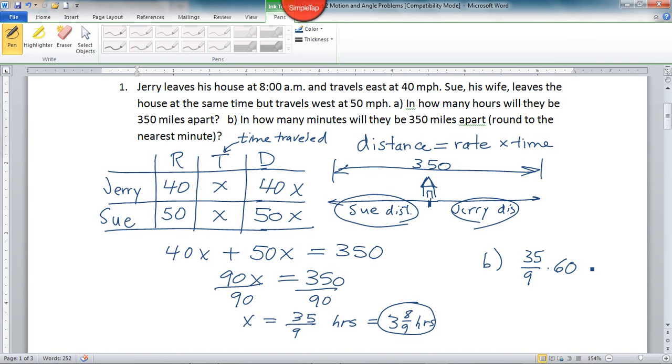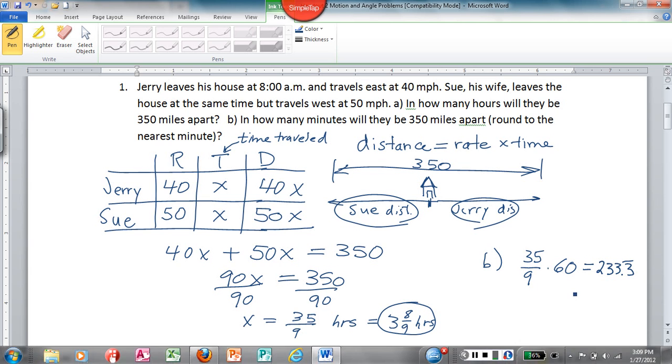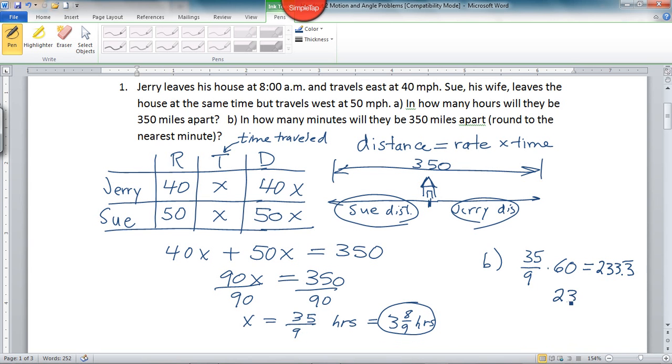Multiply that by 60, and type that in. That's going to give us 233.33 repeating minutes. All right, so that's 233 minutes. To the nearest minute, 233 minutes.